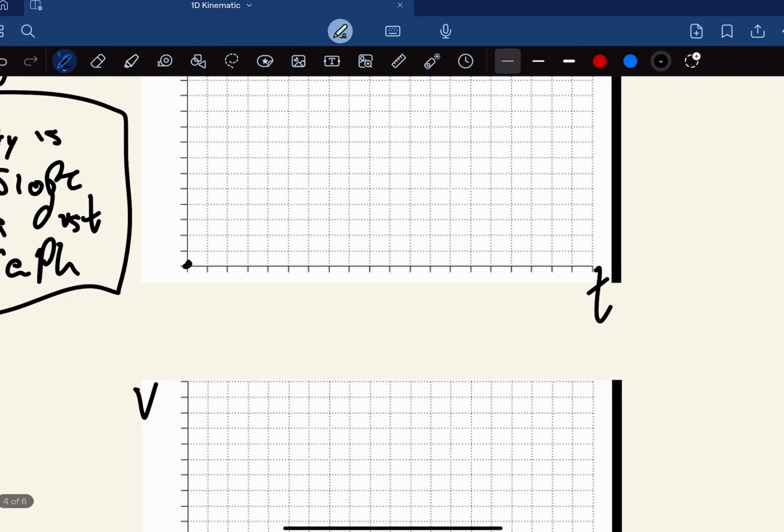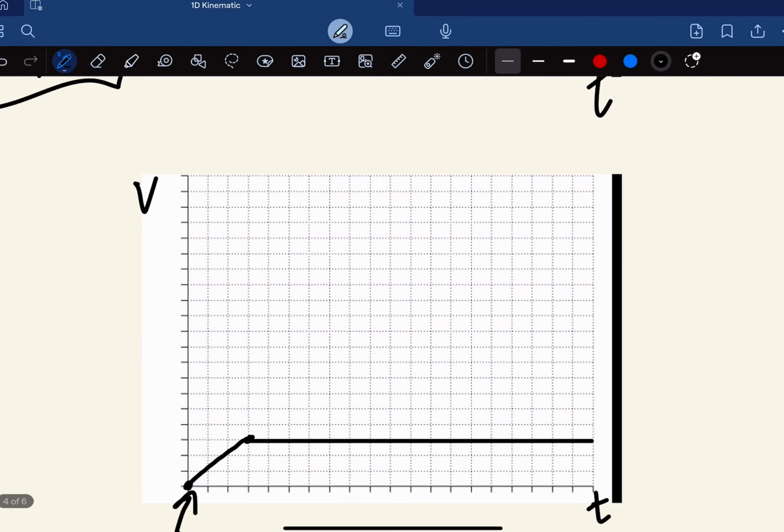Now for this d versus t graph, we are not going to have enough space. So after a certain point, I will just end up drawing an arrow. So first off, we know d equals area of the v of t graph.